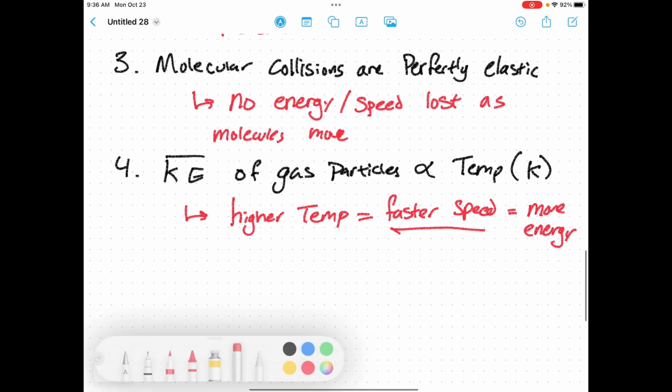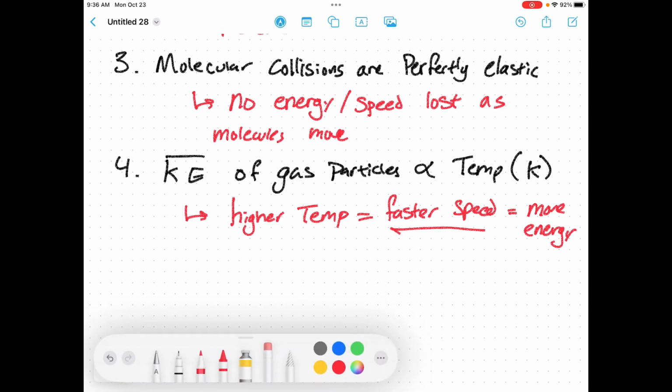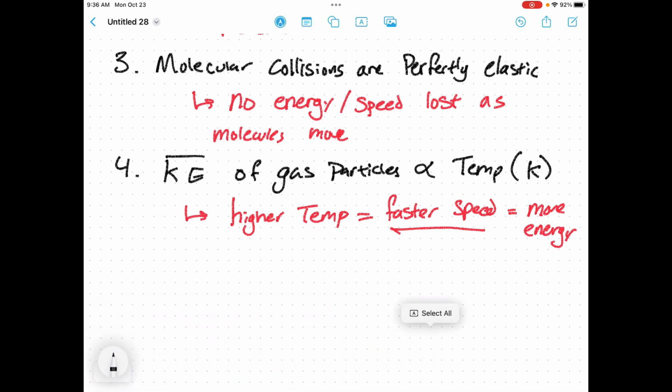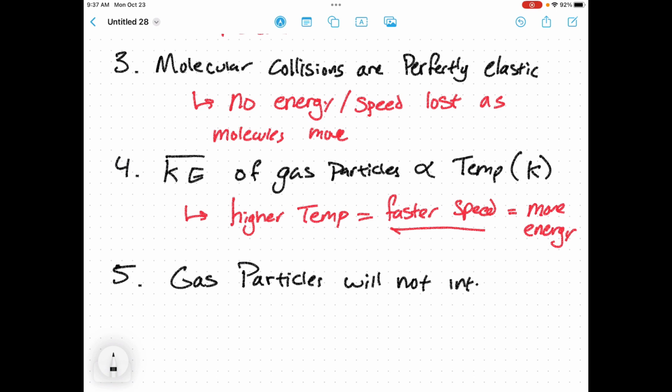Okay, and then the fifth and final ideal gas property is that gas particles are not going to attract or repel each other. There's basically no interaction. Gas particles will not interact.